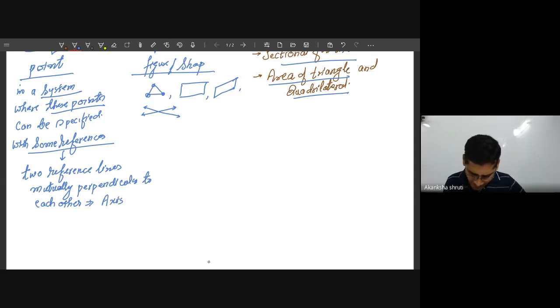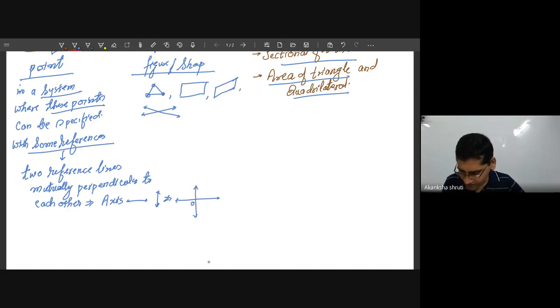Considering these axes, one is horizontal and another is perpendicular. Since these are lines, they will obviously intersect each other. Even if you draw like this, the two arrows at the ends indicate that they extend up to infinity. For our convenience, we are taking it like this.